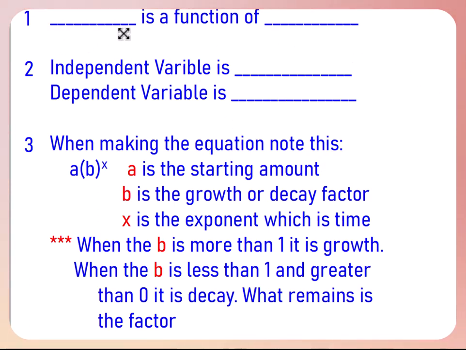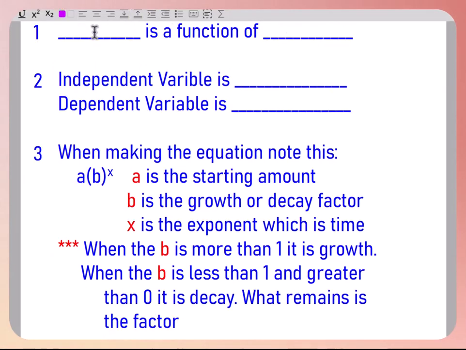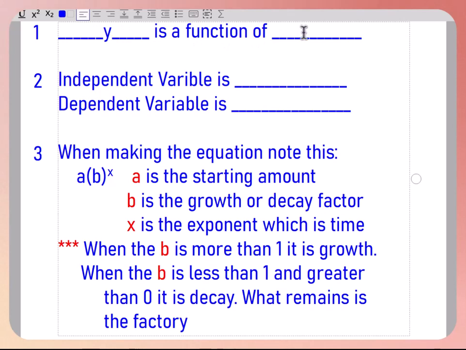All right, so again, what is a function of what? Is x a function of y, or is y a function of x? Just remember to always start with y. So we're going to say that y is a function of x.